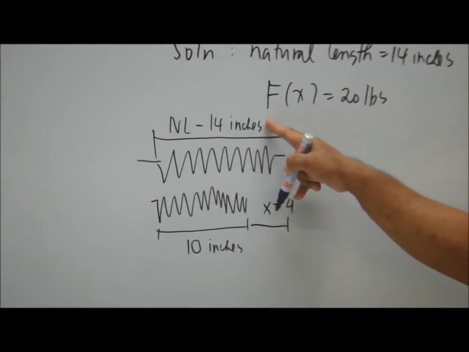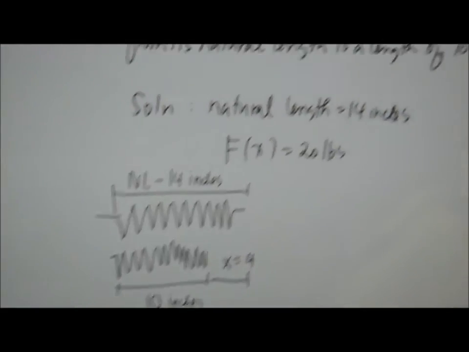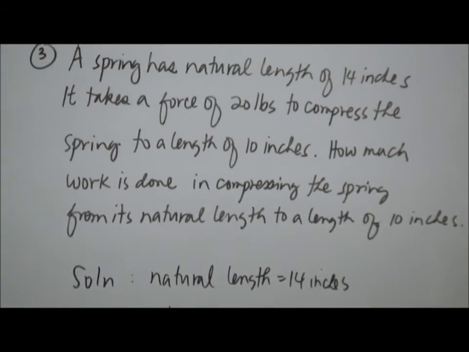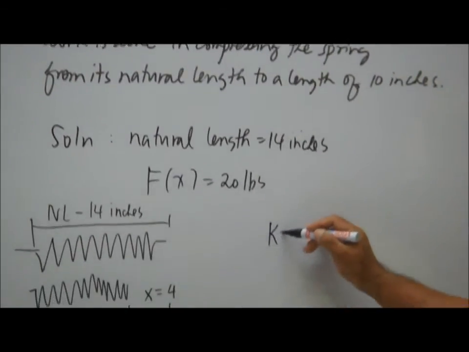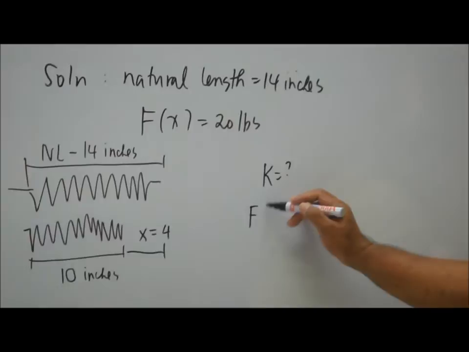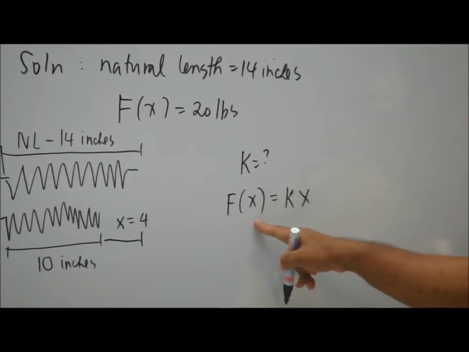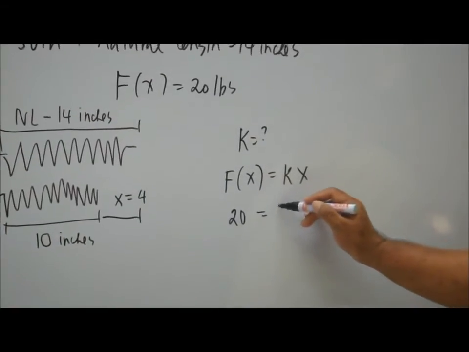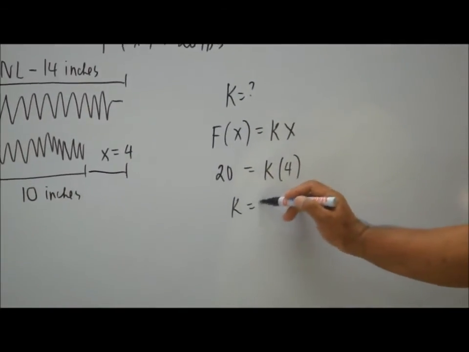You can have it from 14 minus 10. Do you follow? Okay. So with that, let us now define the k. Based on the formula, f of x equals k times x. And f of x is equal to 20, then x is equal to 4. So therefore k equals 5.